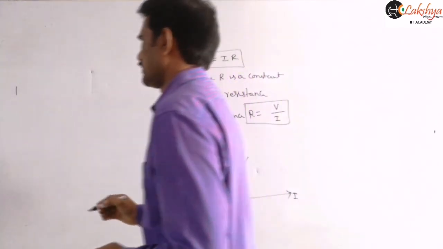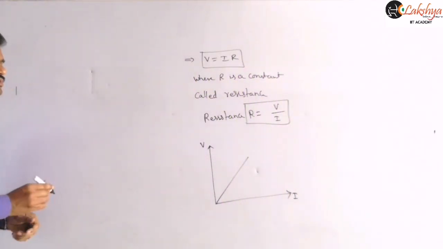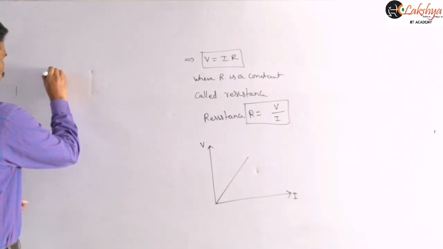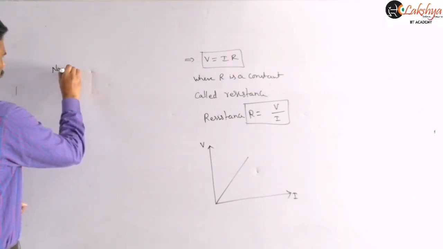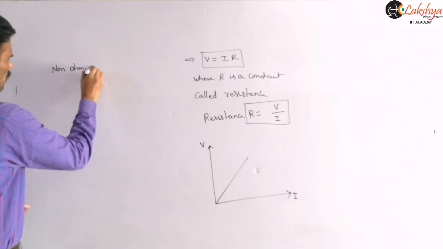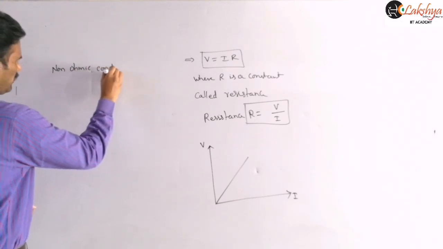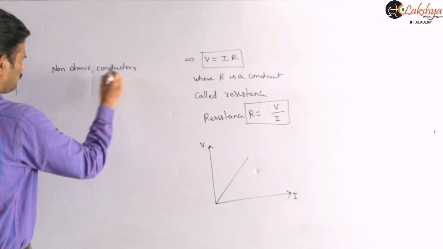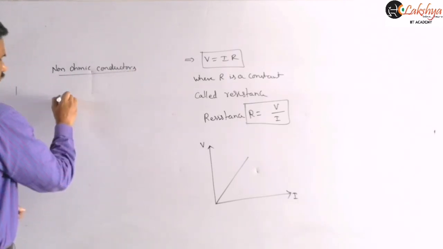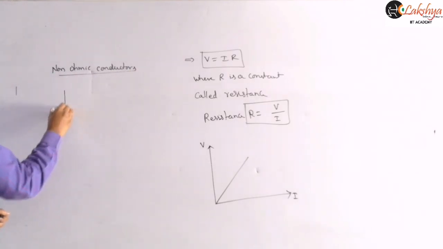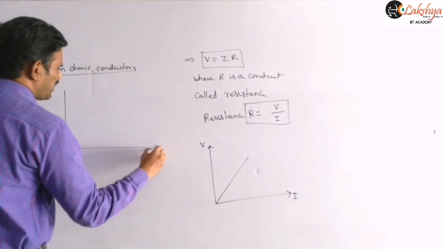Next, the materials which do not obey Ohm's law are non-ohmic conductors, or non-linear conductors.